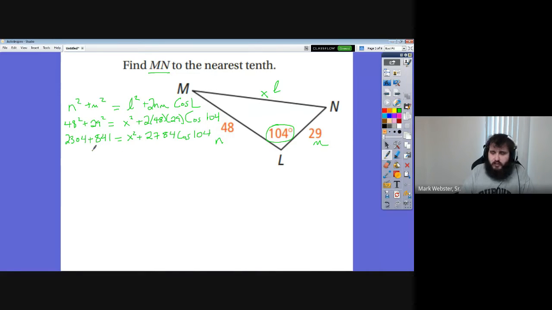And now let's do the exact same thing we did previously. We'll add these together. And this will give us 3,145. And then equals x squared plus 2,784 cosine of 104. And now we've done that, let's subtract that over.